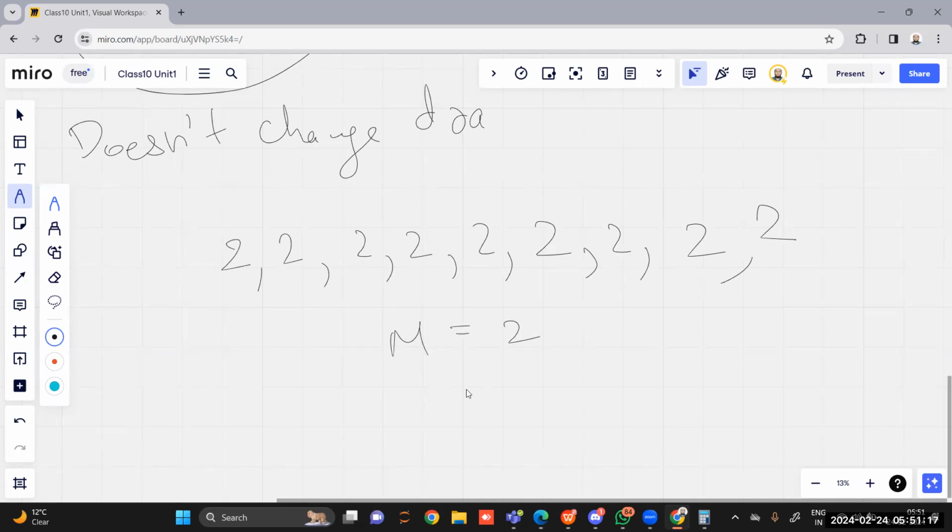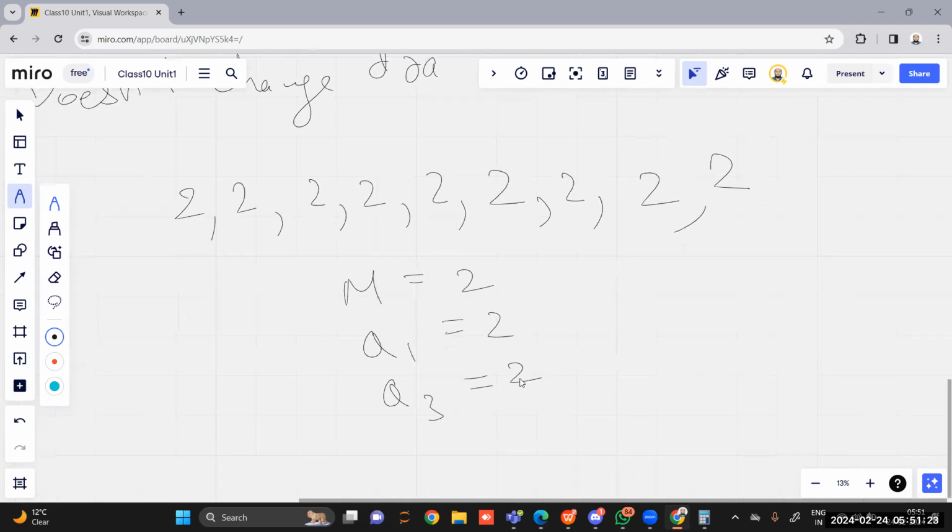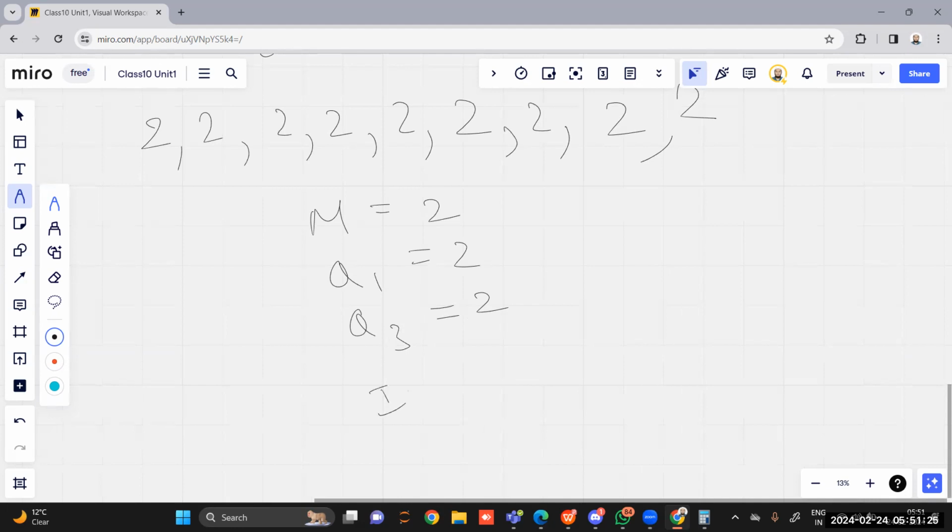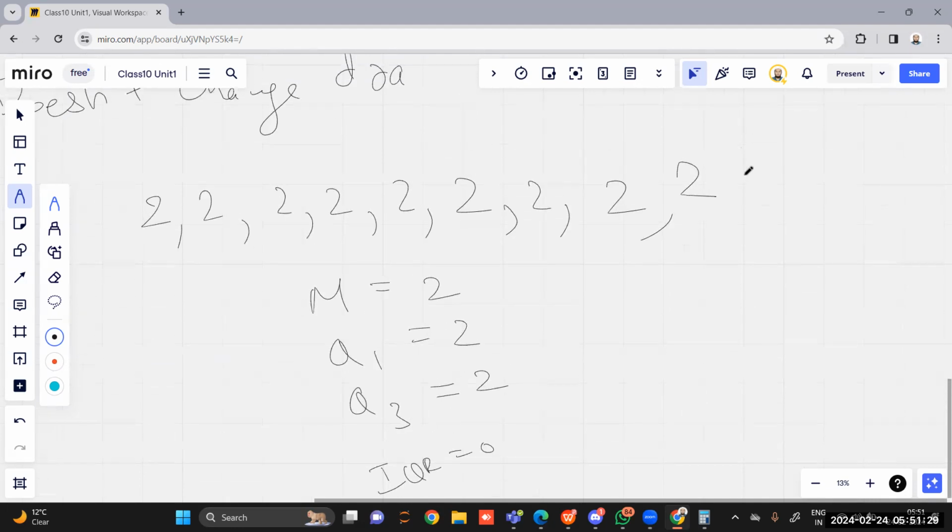It is 2. My Q1 will be 2, and my Q3 will be 2. Yes or no? And my IQR will be 0. Now suppose I add 200 on the right side. I've added a larger quantity, which are outliers.